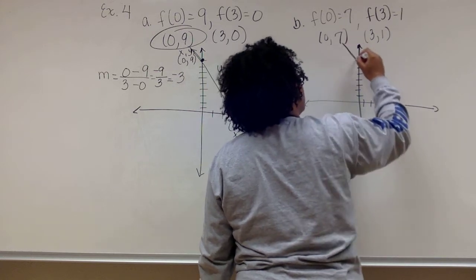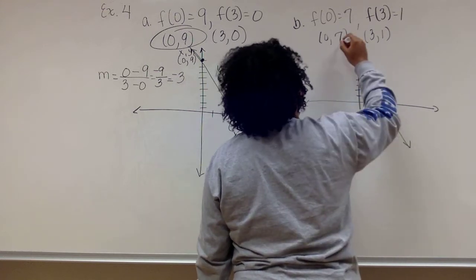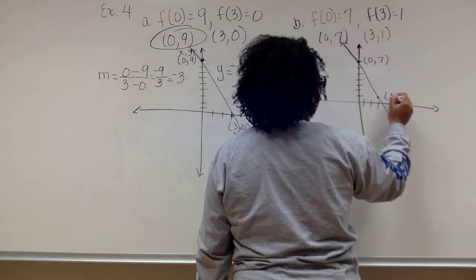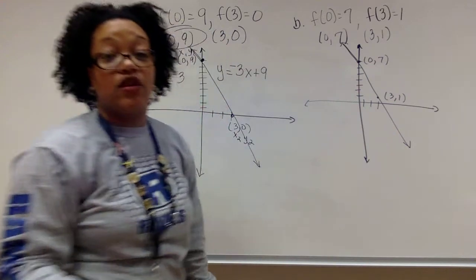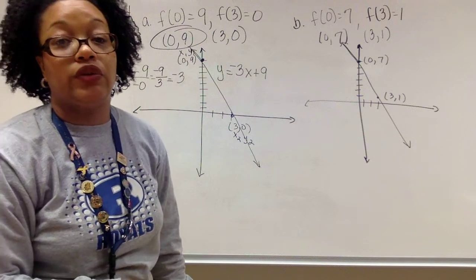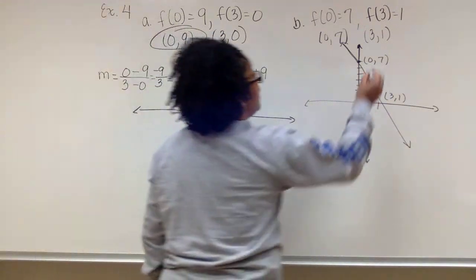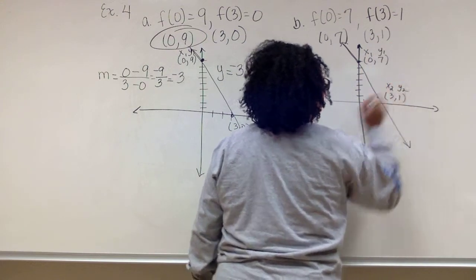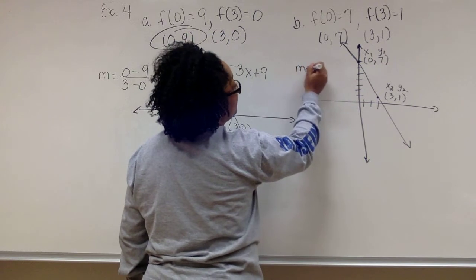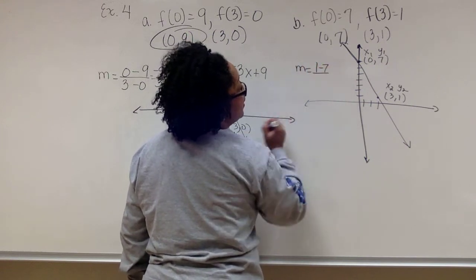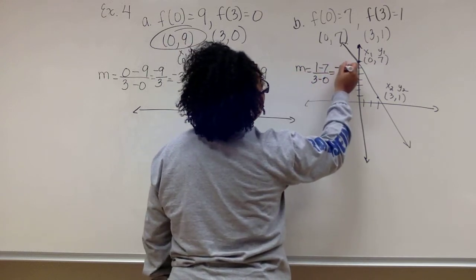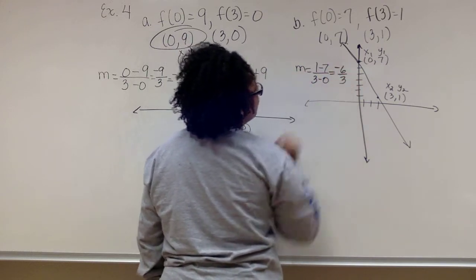If I want to be formal with it, let me make me a line. There's my line. Here's my first point. Here's my second point. You can use rise over run. I'm going to label and use the formula: x1, y1, x2, y2. My slope is 1 minus 7 divided by 3 minus 0. 1 minus 7 is negative 6, divided by 3.